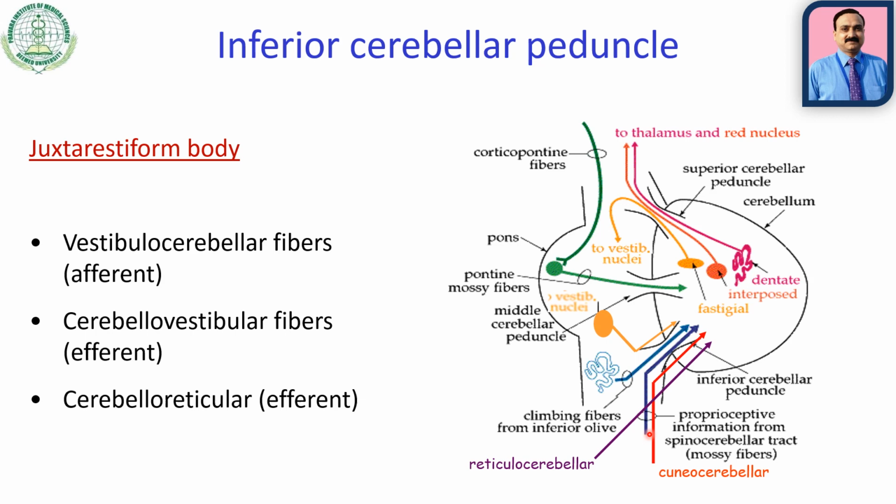The restiform body contains spinocerebellar, cuneo-cerebellar, reticulocerebellar and oleo-cerebellar fibers. The remaining fibers, vestibulocerebellar, only afferent, and cerebellovestibular and cerebelloreticular, together are called the juxta-restiform body.